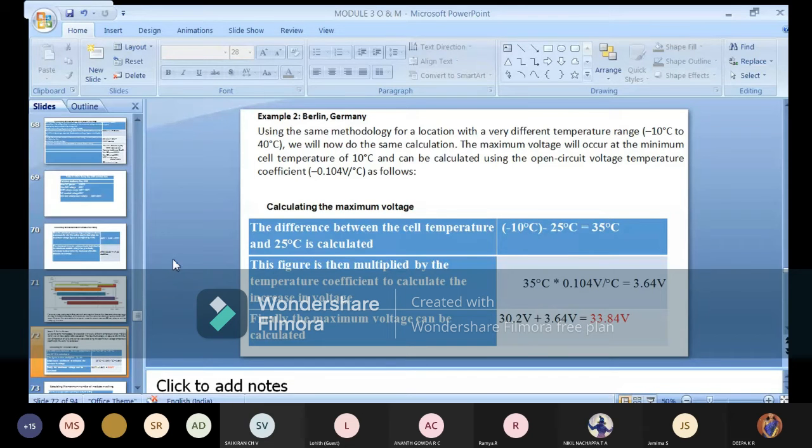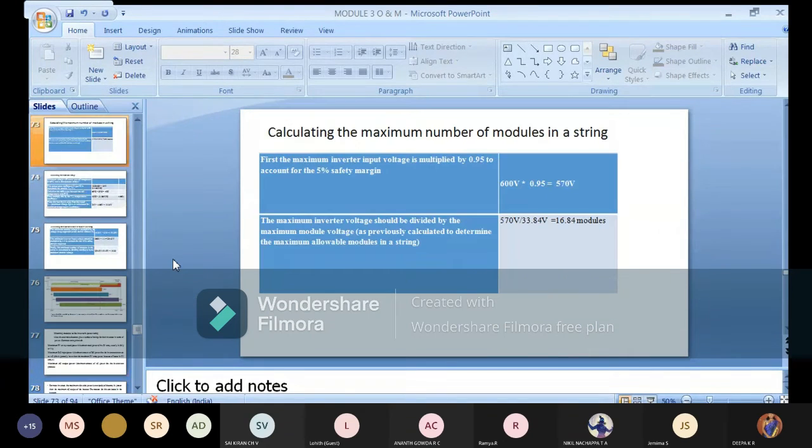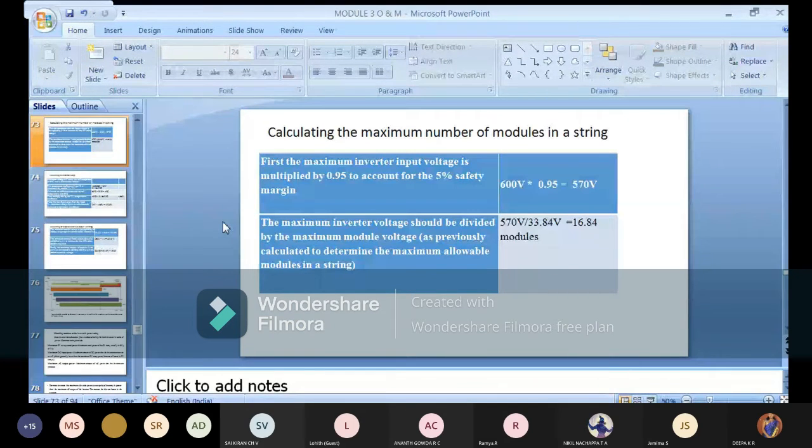Once we are done with the maximum voltage calculation, we have to go for calculating the maximum number of modules, because we are continuing and finishing one portion. That means at minimum temperature, how many modules are we expecting? It should not cross the limit and should stay in a healthy, safe area. So next, we calculate the maximum number of modules with a safety precaution of 5%.